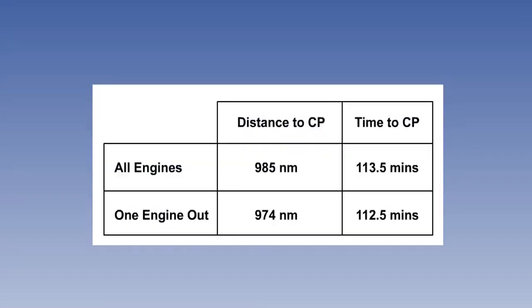The reason that we get such a small shift in the position of the critical point, even though the TAS has changed by nearly 100 knots, is that the position of the critical point depends on the ratio of O to H. If the wind component is not very strong in comparison to the true airspeeds involved, that ratio does not change much. The ground speeds change significantly, but their ratio to each other does not.